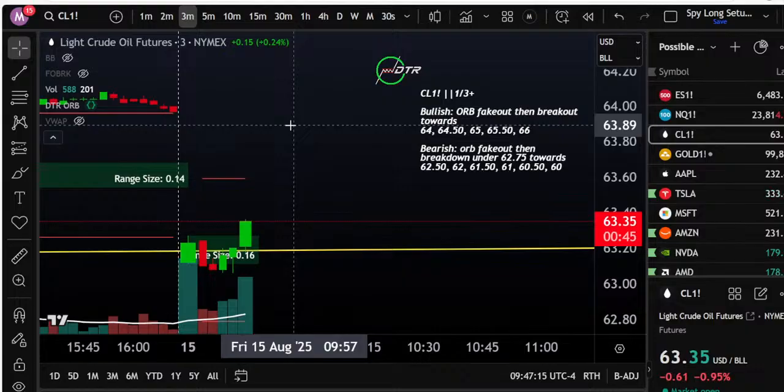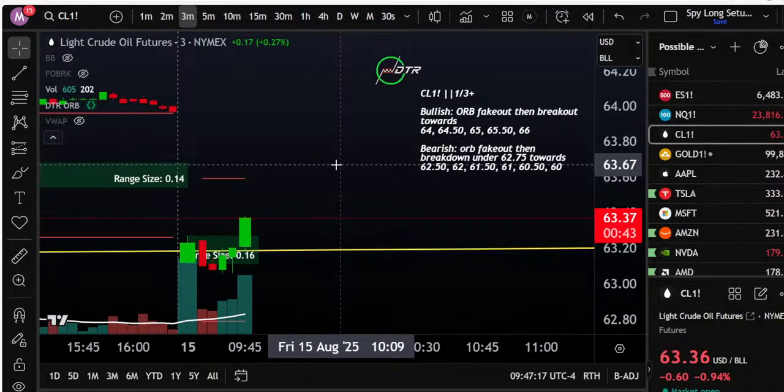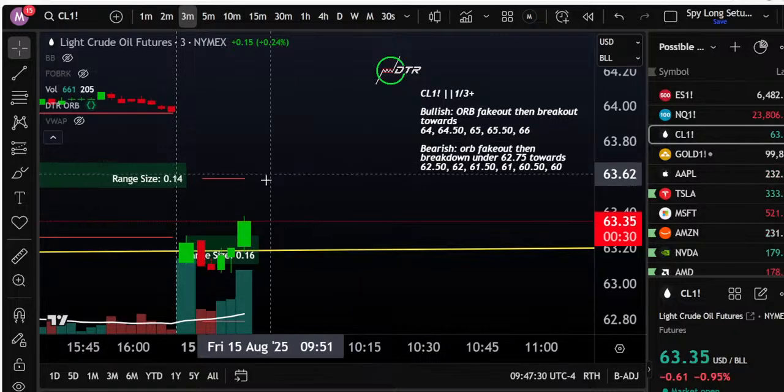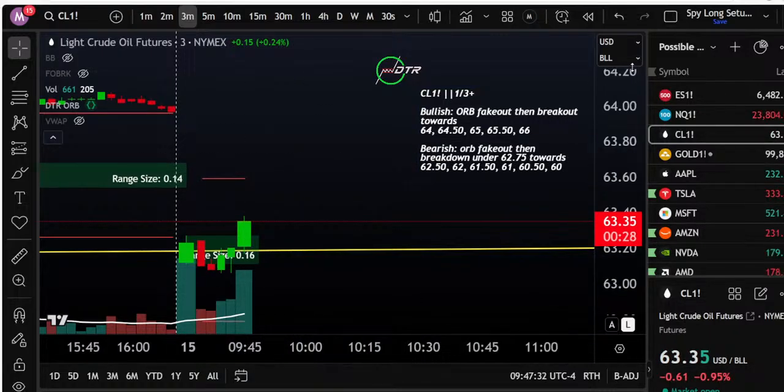All right, so I'm going to be watching CL here, team. This for me is the most interesting of potential opportunities this morning. So we're getting this thing ready here. Target would be 63.60.